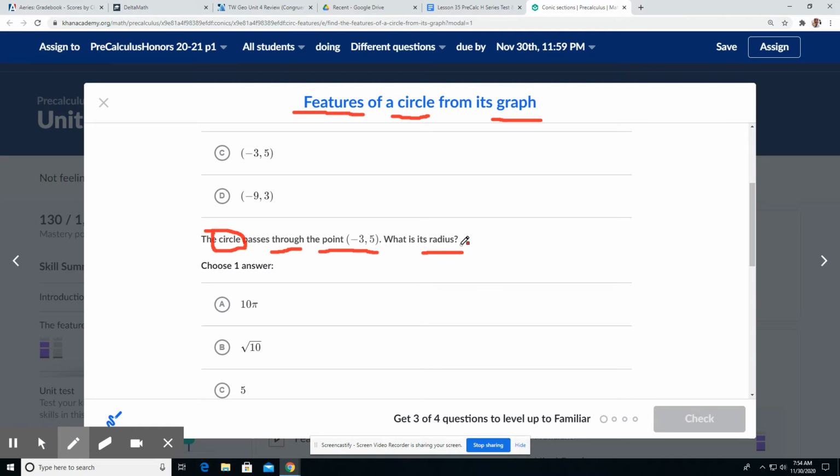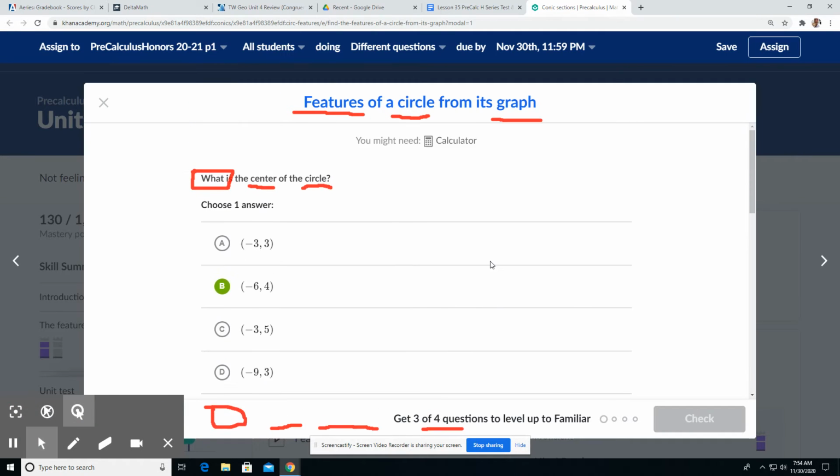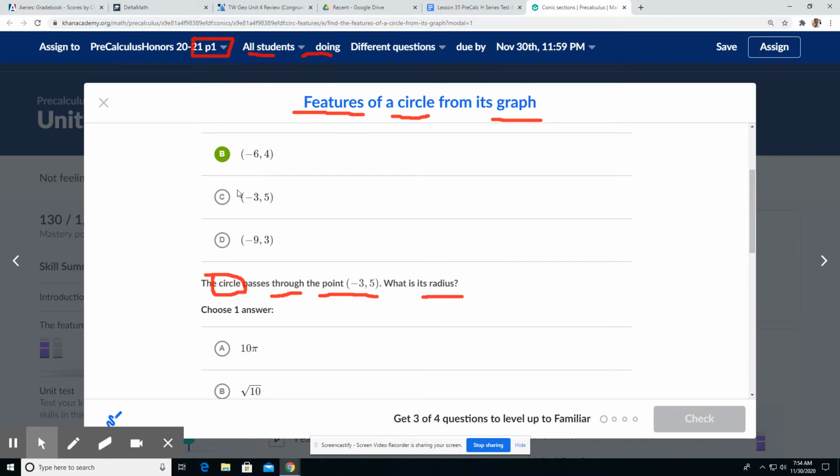Radius is the distance from the center. So they're kind of setting you up with the parts that you need here. The center is (-6, 4), and it passes through this point, (-3, 5). So what is the radius? We're just going to jump right on the distance formula.